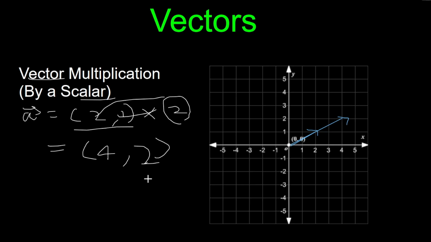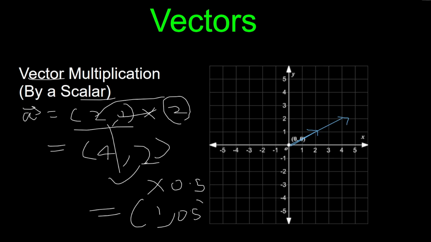Let's take another example where instead of multiplying by 2, we multiply it with 0.5. In that case, this becomes 1, 0.5. When we plot this in the graph, you can see that the vector has reduced in size, but the direction remains the same. Let's multiply it with another value, let's say minus 1. What happens in this case?